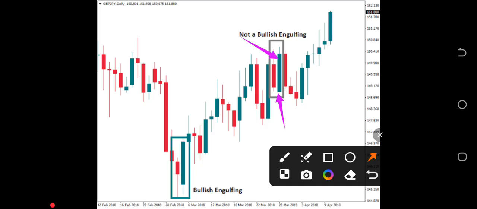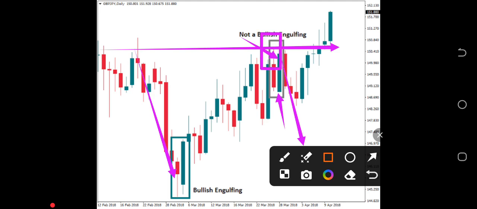Because there is a strong resistance level here. This area is a seller's area, so the market should go down here. What you are expecting to look for in such an area is a bearish engulfing. So this candle is not a bullish engulfing candlestick. It is a trend continuation.